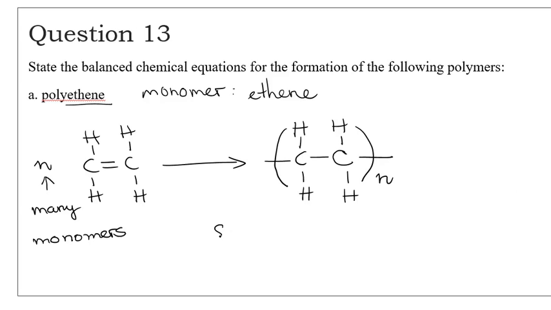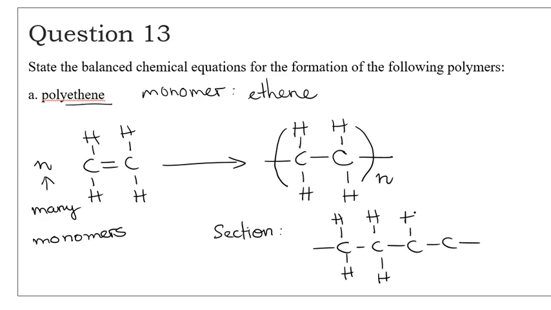Now if I need to draw a section, this is the formula basically, but if I need to draw a section, then draw a section. So H, H, H, H, this is one monomer, and this is another one.